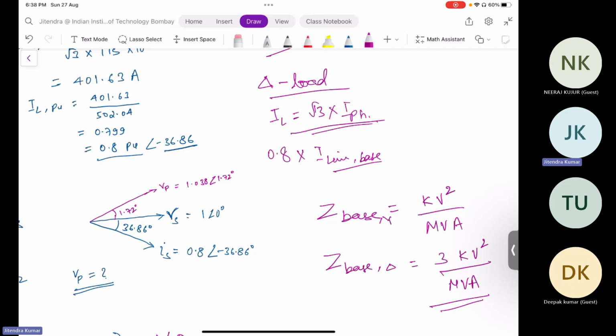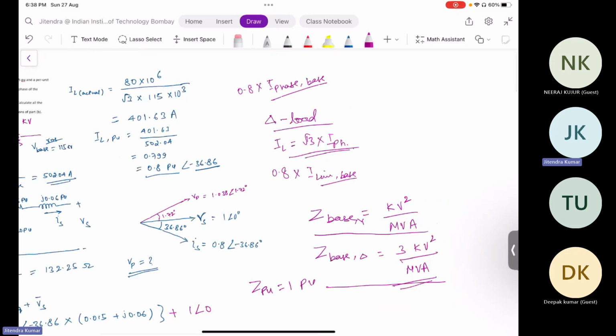But your per unit value, if your Z per unit is 1 per unit, and you want to compute it for a star, you multiply it with this. If you want to compute it for a delta connected load, you multiply with this. Per unit into base value will give you the actual value. Did you get my point? So there is no factor of root 3 or anything in the per unit system.